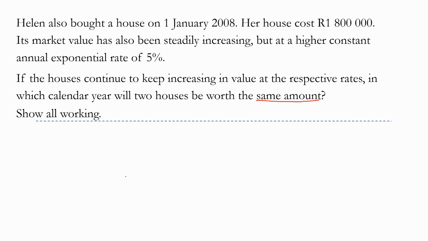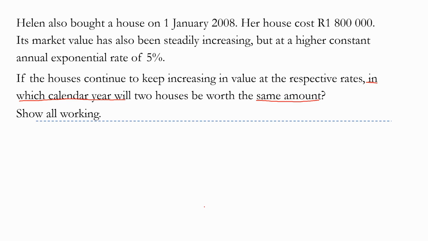So we're saying in which calendar year? In which year? So what must we do here? We need to find N, when these two houses will be having the same amount, isn't it? So same amount. What clue does it give you? It means we must create two equations and solve them simultaneously.